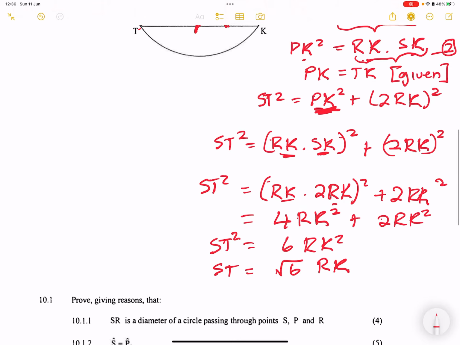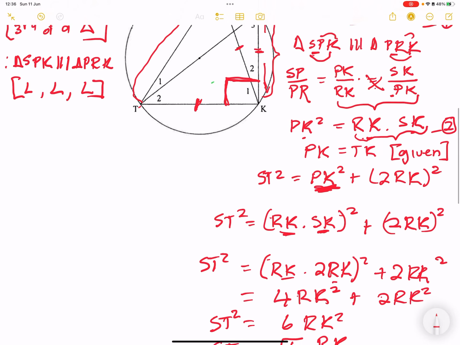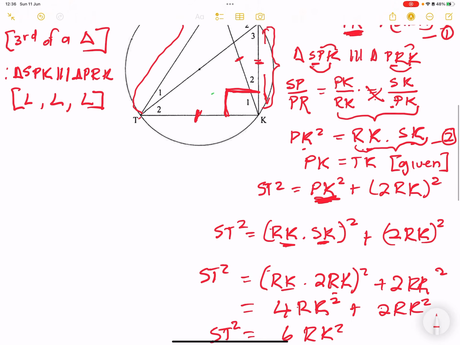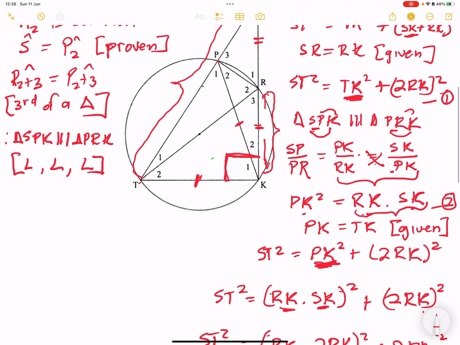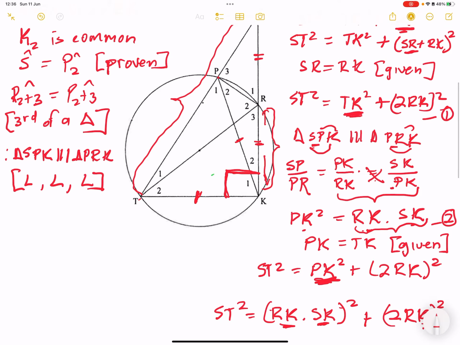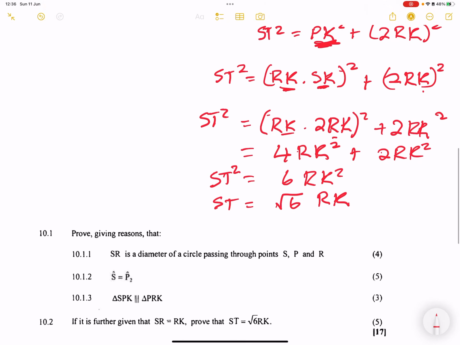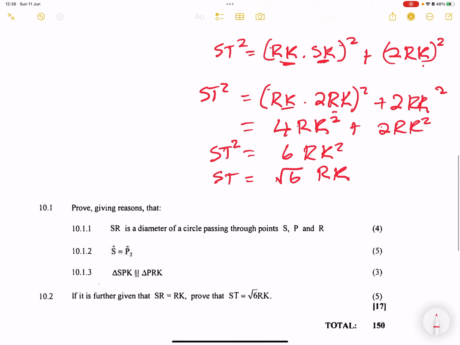I want you to please note, I just made a slight error there. When I substituted 1, I squared the entire thing instead of just squaring the 2RK. But this is how we get to ST being equal to the square root of 6 RK.